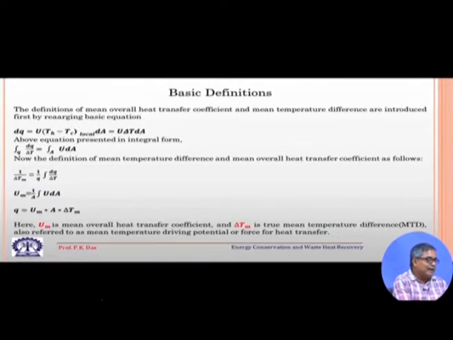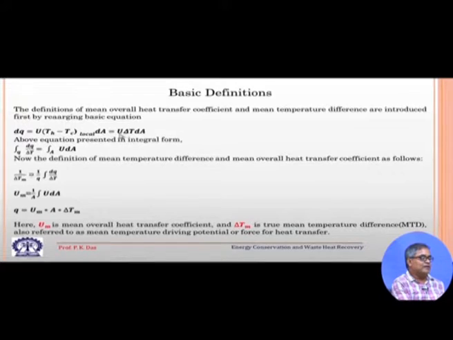Then what we can get, this is the basic equation of heat transfer: dq, the elemental heat transfer, is equal to U into Th minus Tc, the temperature of the hot fluid minus the temperature of the cold fluid, that is locally the temperature difference, multiplied by dA, the small amount of area which is responsible for heat transfer.